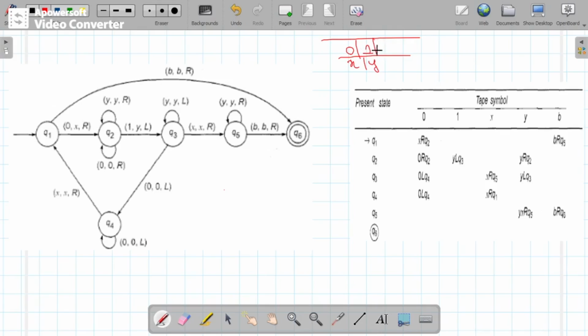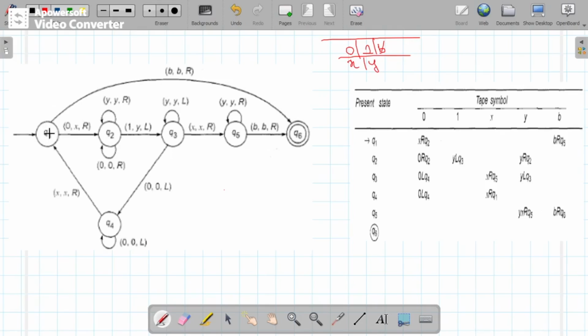You are going to make a move on blank, so that's why blank is also required for a tape. So 0, 1, x, y, b, all these symbols you are going to make use of in case of Turing machine. So let's see how exactly we are going to write this.